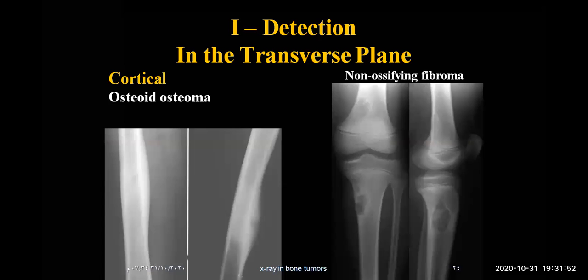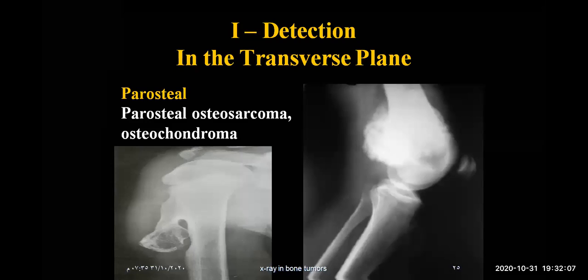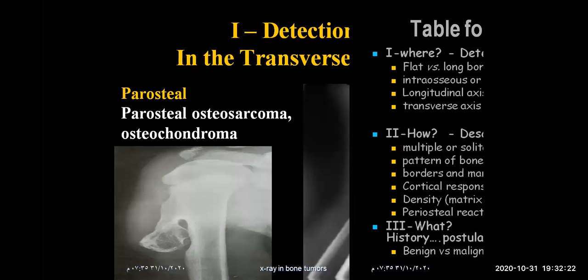The cortical lesion such as osteoid osteoma, and sometimes small non-ossifying fibroma. Small non-ossifying fibroma is cortical. The parosteal or periosteal, the striking example is osteochondroma and, as its name implies, parosteal osteosarcoma.